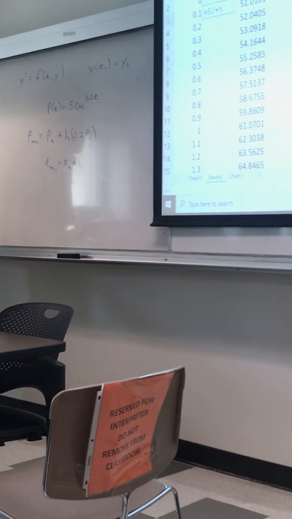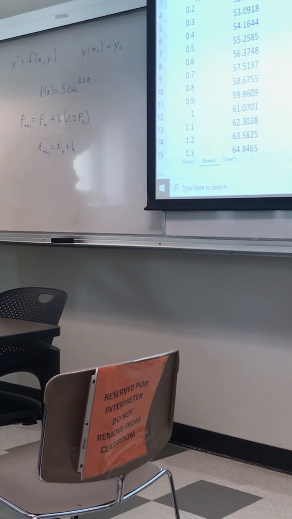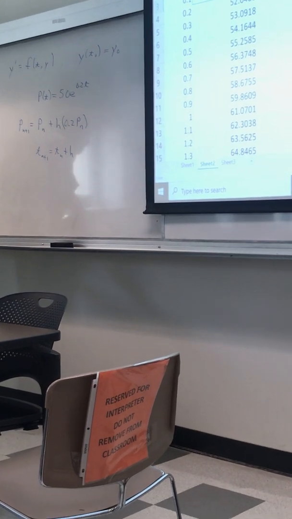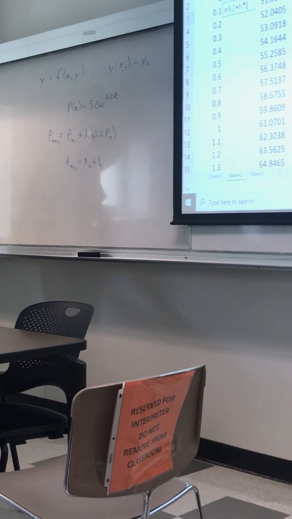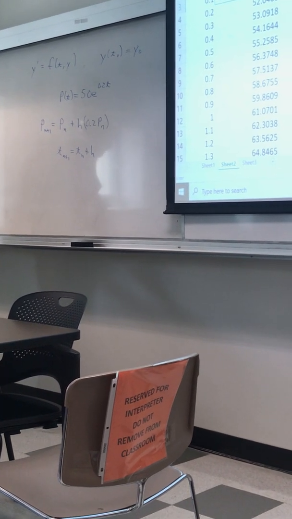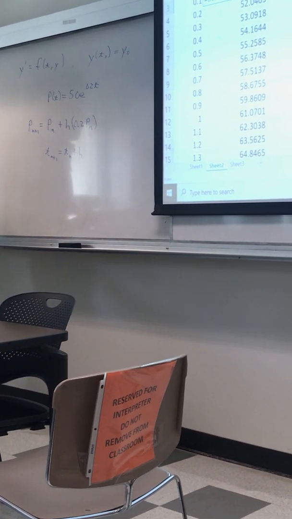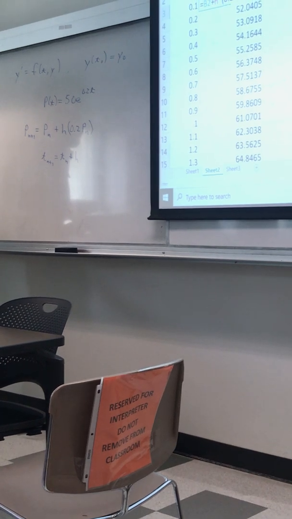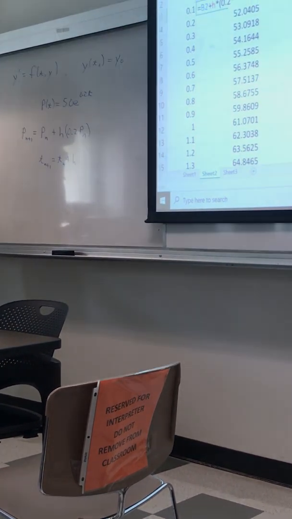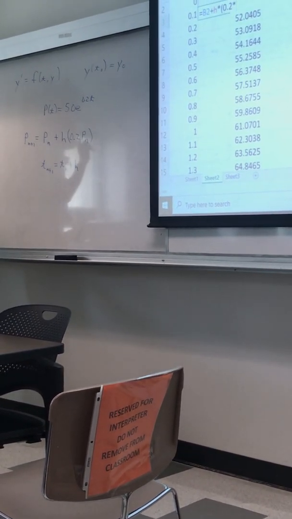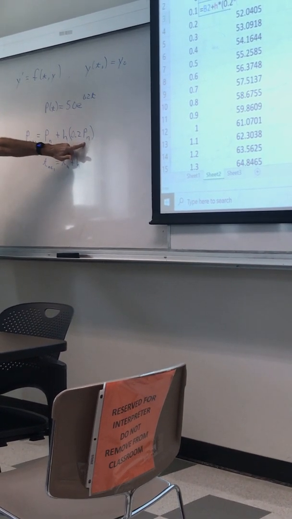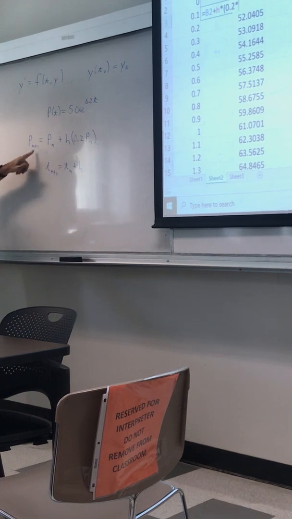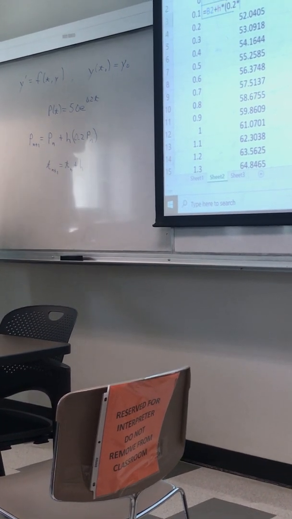The h times, right? I'll put quantities around here. 0.2 times. One next to it or above it? Okay. Diagonal. No. The Euler's method gets it just from the one above it. Oops. It's the Pn. So P1 is going to get P0.